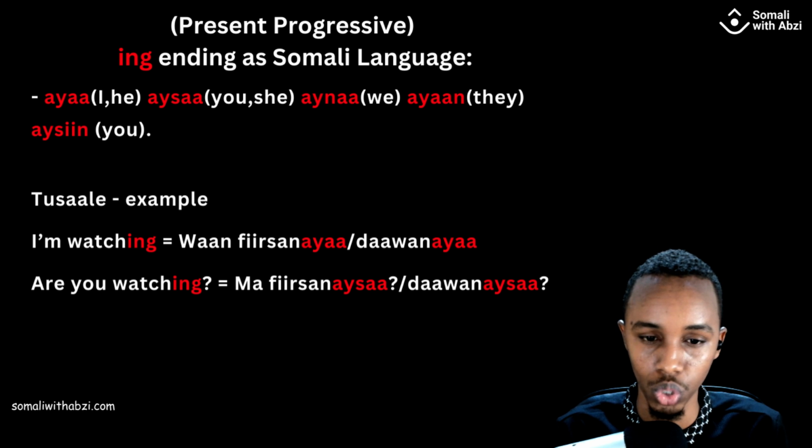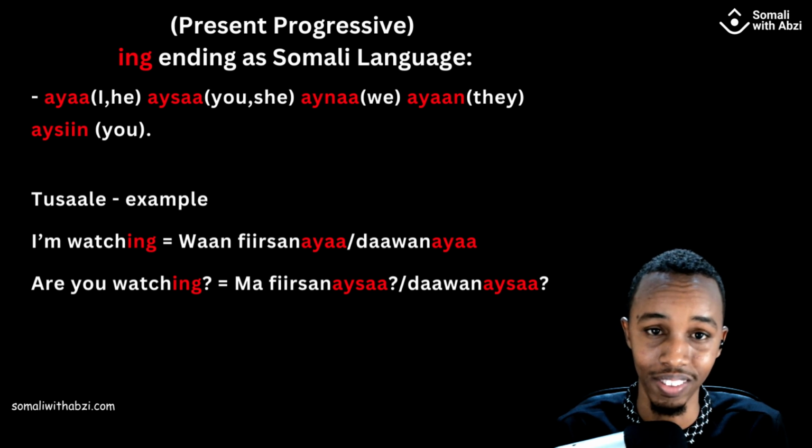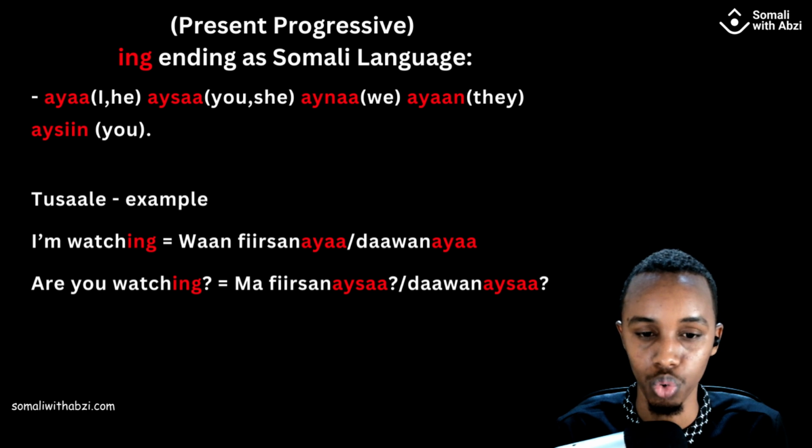So basically in English, you say, I am watching, we are eating, we are playing, they are sleeping. Like ing, you add every time when you're going to use a progressive verb in English. So for that, in Somali, we use different endings. And these are what we have to learn.